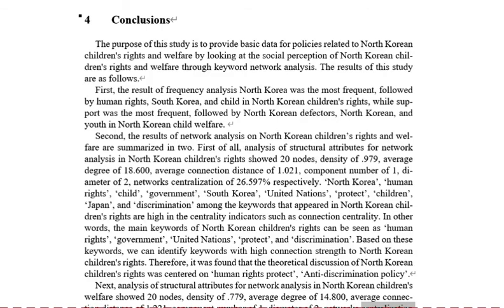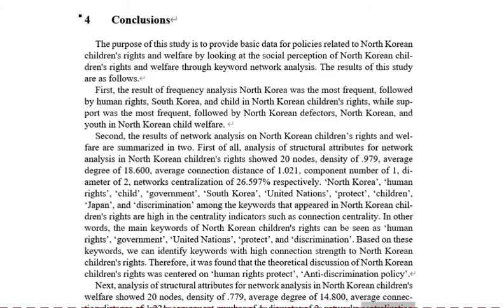North Korea was the most frequent, followed by human rights, South Korea, and child in North Korean children's rights, while support was the most frequent, followed by North Korean defectors, North Korea, and youth in North Korean child welfare.